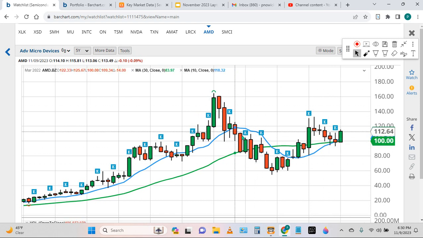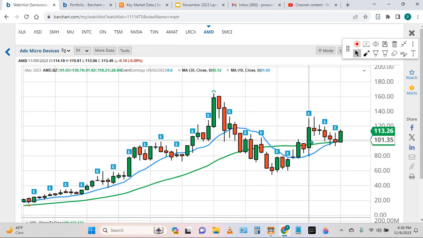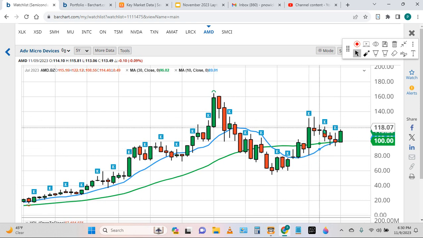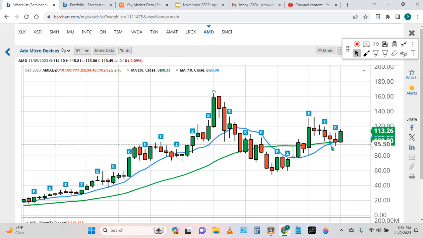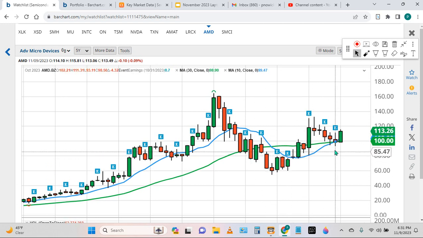We can see the downtrend, uptrend, and now we had a 5-month sell-off in AMD, back down to around the 93, 94 area. Now we've put in a very strong November.